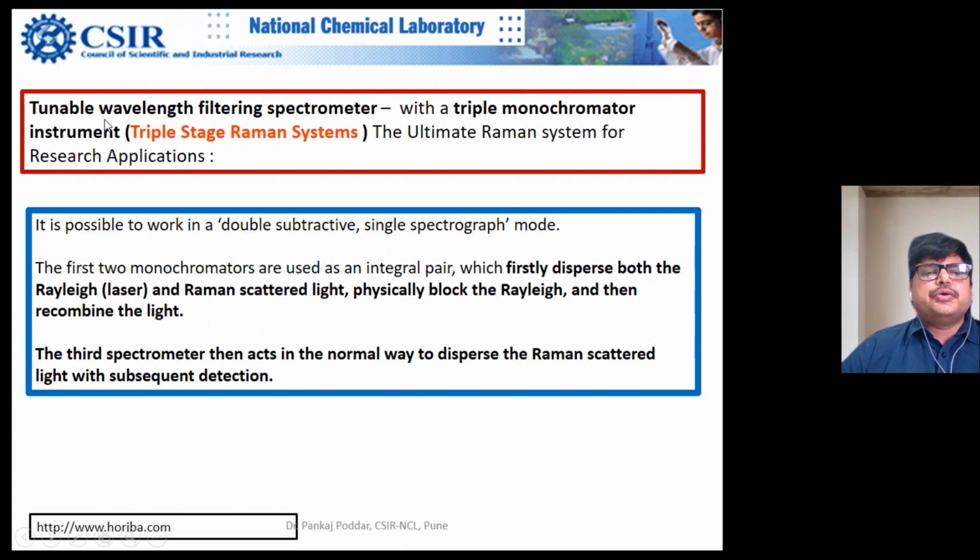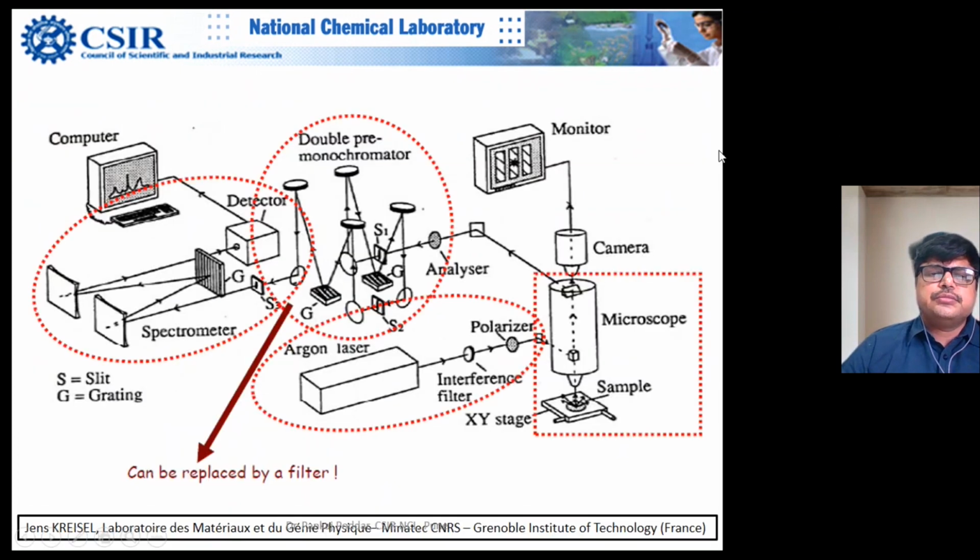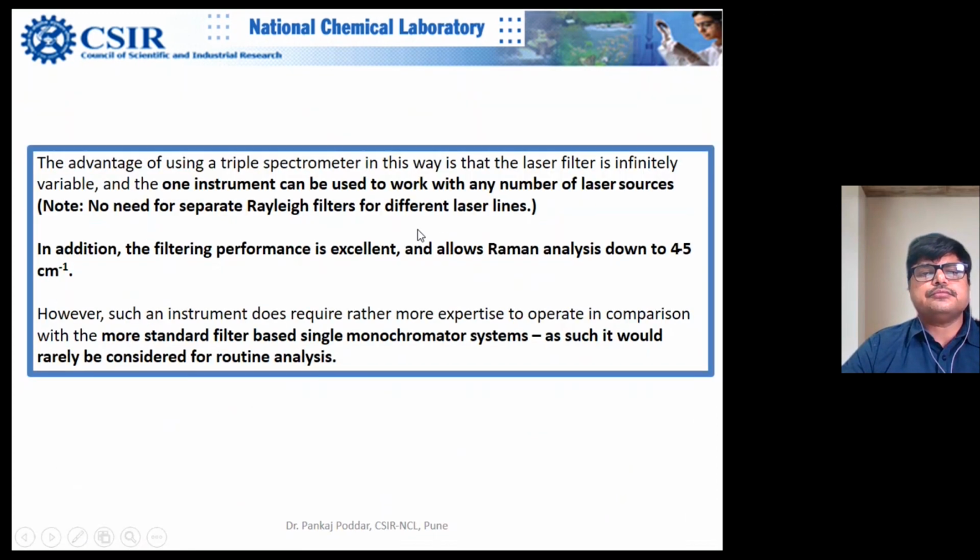So already we were talking about these triple stage Raman systems. This system is basically a triple one. Because we are not using filters, if you use any wavelength, or any other laser, the same system can be used, because we are using monochromators, not filters.